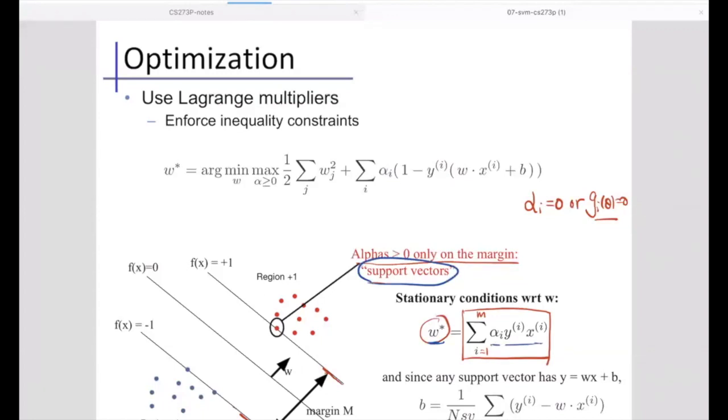And b can be calculated by simply saying that for the supporting samples, y is going to be exactly equal to w times x plus b, because it has to satisfy the margin condition of plus 1.